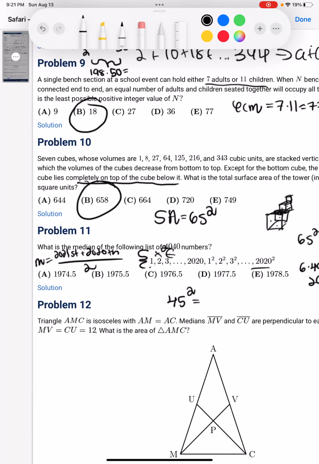I'm trying to do this in my head. That should be 2025. So that doesn't fit in this sequence, but we know 44 squared will definitely fit in that sequence.